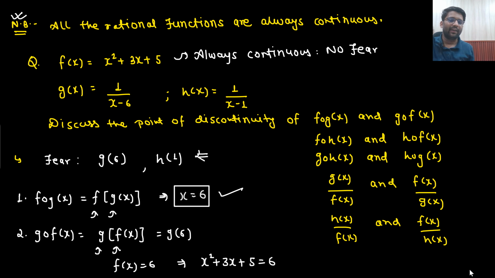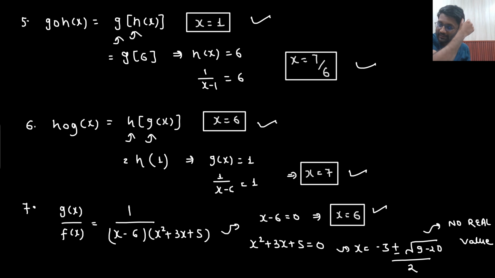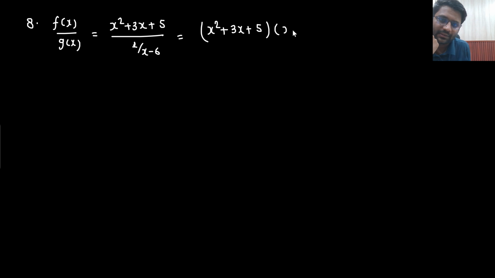Next one is fx by gx. So what is fx? Fx is nothing but x square plus 3x plus 5 divided by gx. What is gx? Gx is 1 upon x minus 6. So what you are getting is x square plus 3x plus 5 multiplied with x minus 6.